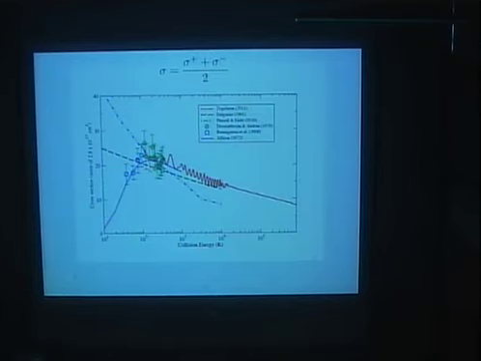I've also extended the calculations up into the higher collision energy range, given by this red line. So you see that there's fairly good consensus now between experiment and various theories over the years as to what the spin exchange cross-sections are, at least in this particular region that is important for astrophysical applications.